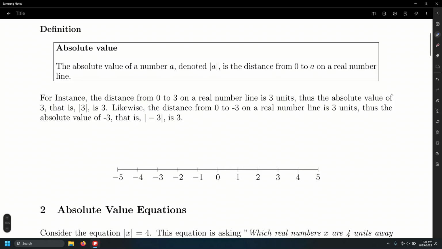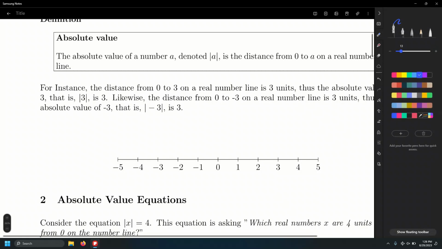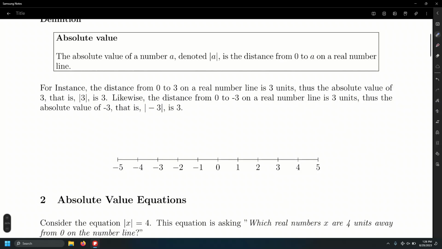However, it is the sense of direction that actually makes it negative in this case. And for instance, we have this visual example right here. The distance from 0 to 3 on a real number line is 3 units. So the absolute value of 3 equals 3.